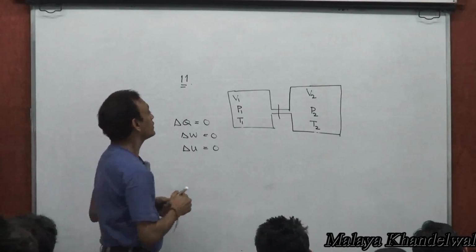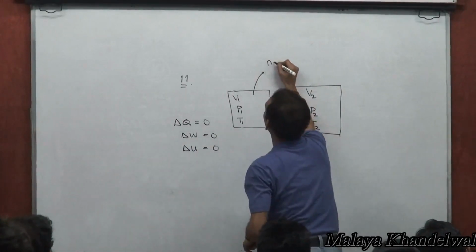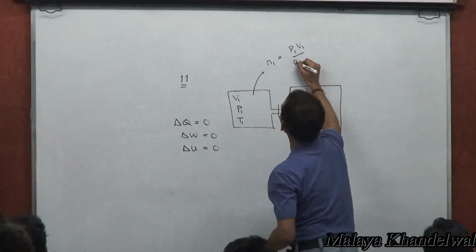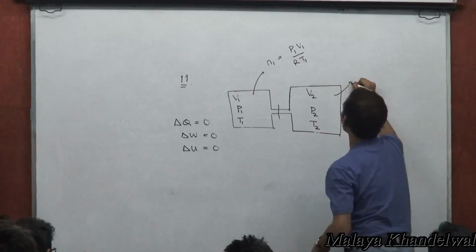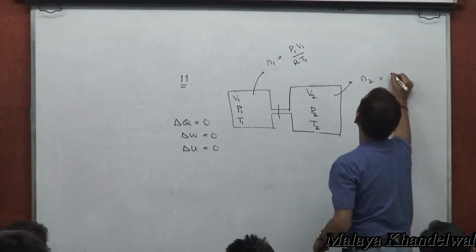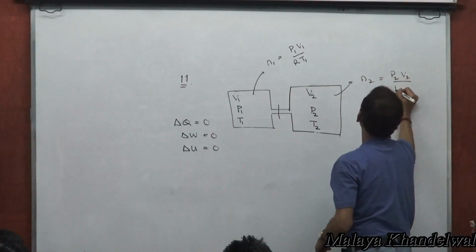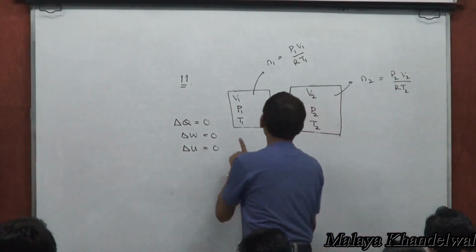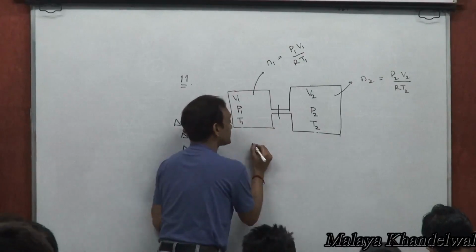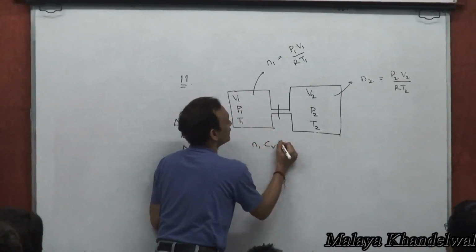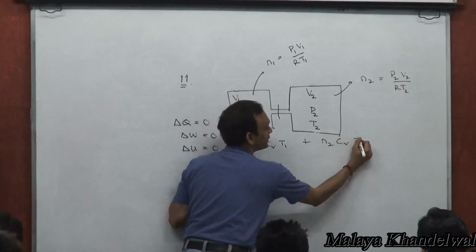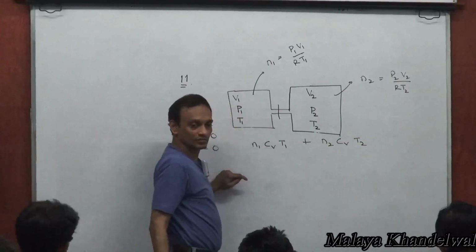Yes or no? Now, I can find the number of moles here, N1, which is P1 V1 by R T1. I know the number of moles here, N2, which is P2 V2 by R T2. I know the number of moles in each, right? The total internal energy of this is N1 Cv T1 plus N2 Cv T2, right?